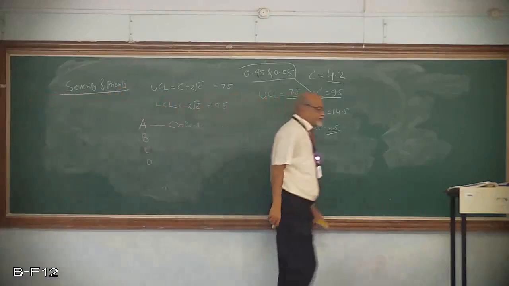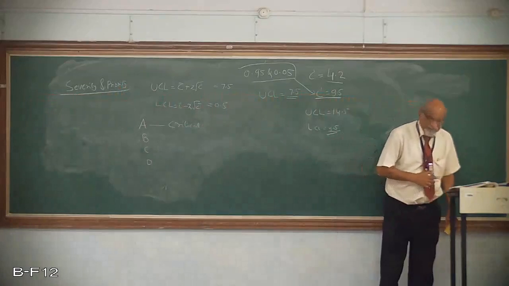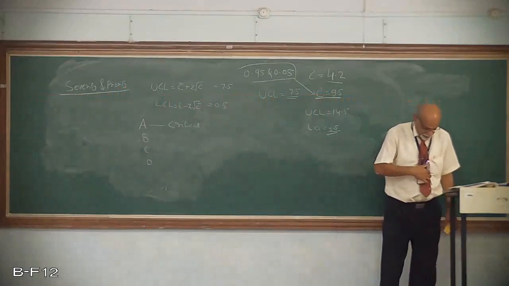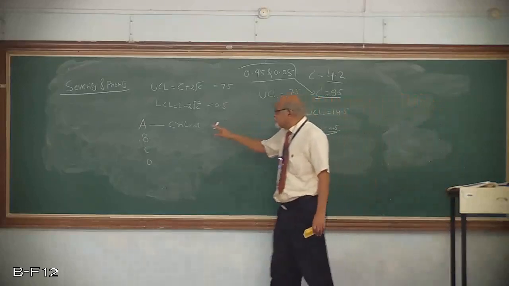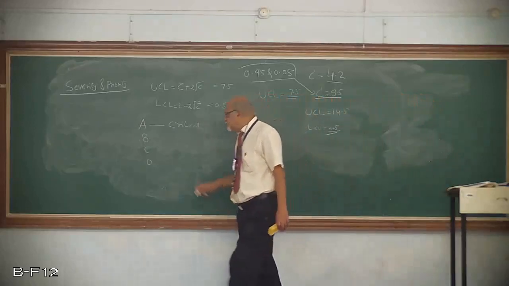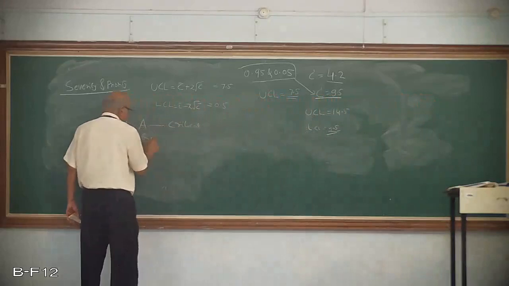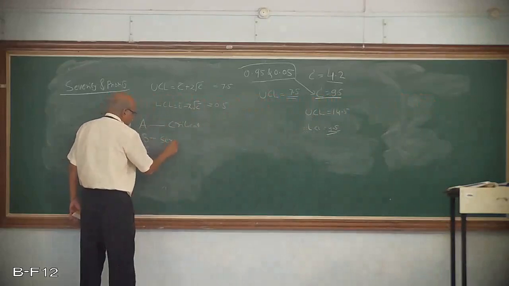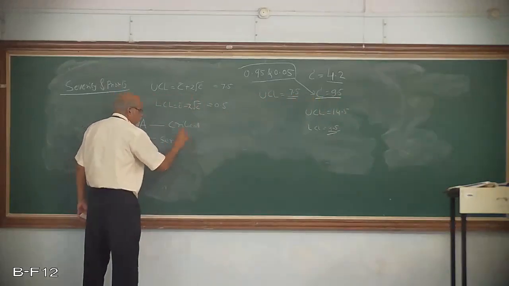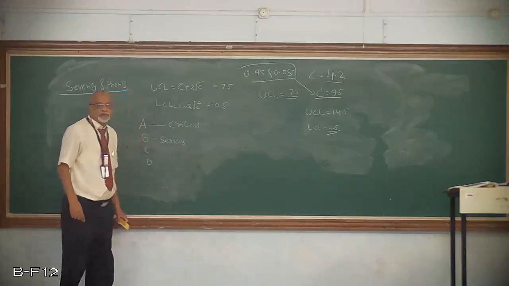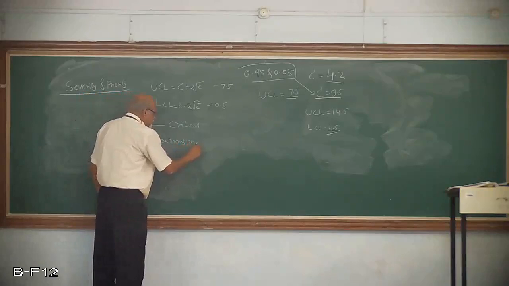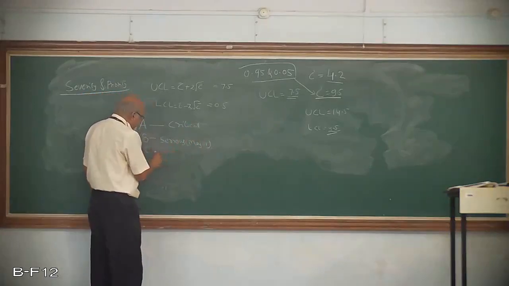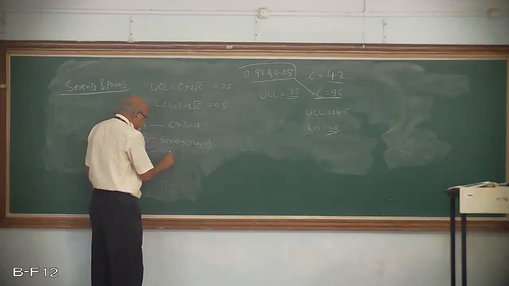And when it comes to manufacturing, we talk about these things. A is critical. B is serious, or we can also say major. C category, moderately serious.